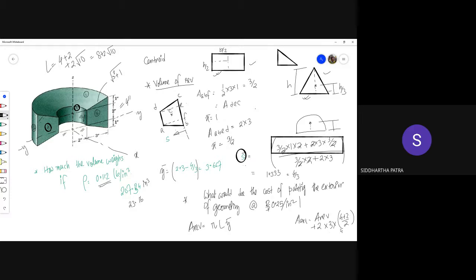Basically the area of the trapezoid. So that is the total area. You need to add the area of the trapezoid twice. So this is the area of the trapezoid. Now how much is your area of revolution?